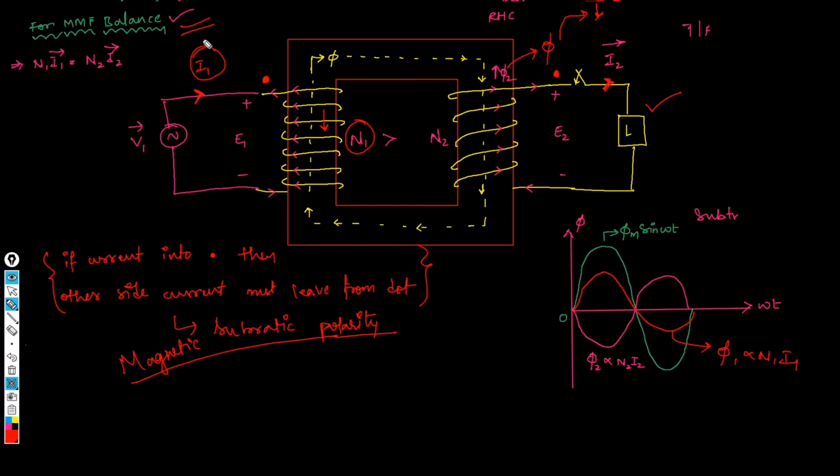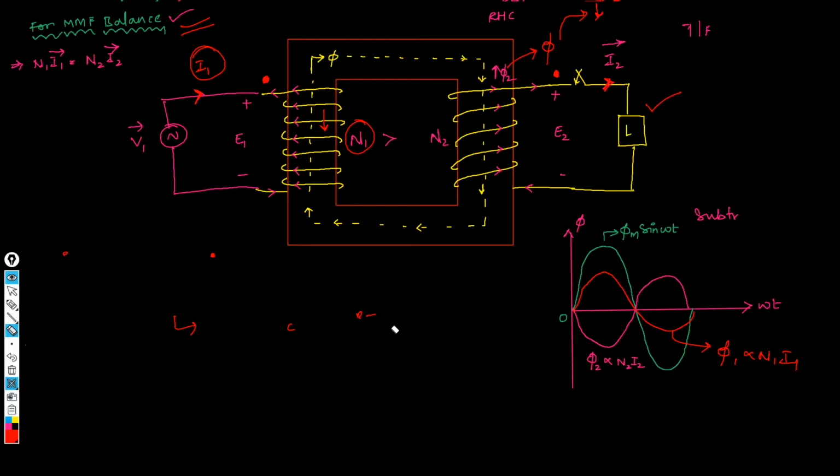This I1 current enters the core with the help of the N1 turns and creates a flux phi 1, and this flux phi 1 will compensate the loss that occurred due to connecting the load. I hope you understood clearly. If you have any doubt, rewind the video and watch it once again. I hope you will definitely understand what I'm trying to explain.